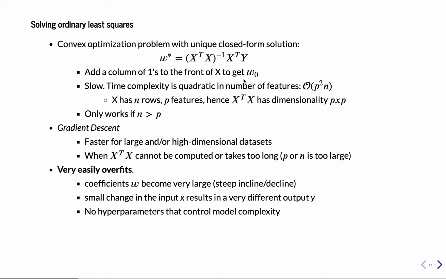If you want the values for the bias, you can do that by adding a column of ones before you have the values x. And if you then compute that, then the w0 comes out of that. This is nice, right? We have a closed form solution, so we can actually solve this exactly.